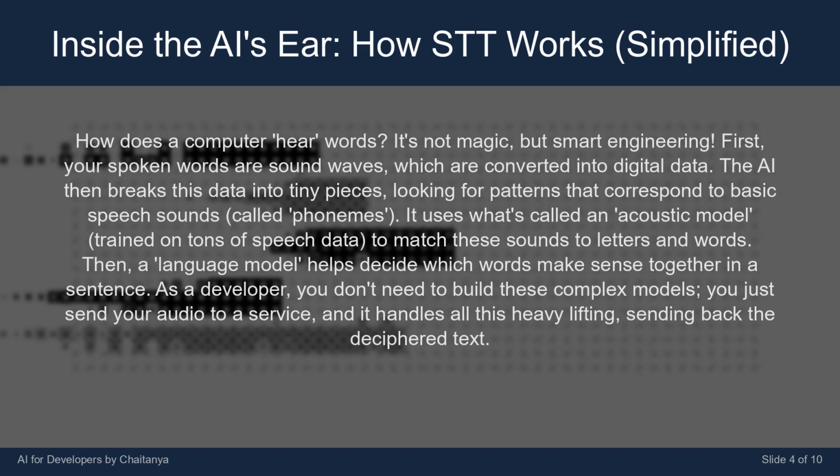It uses what's called an acoustic model, trained on tons of speech data, to match these sounds to letters and words. Then, a language model helps decide which words make sense together in a sentence. As a developer, you don't need to build these complex models. You just send your audio to a service, and it handles all this heavy lifting, sending back the deciphered text.